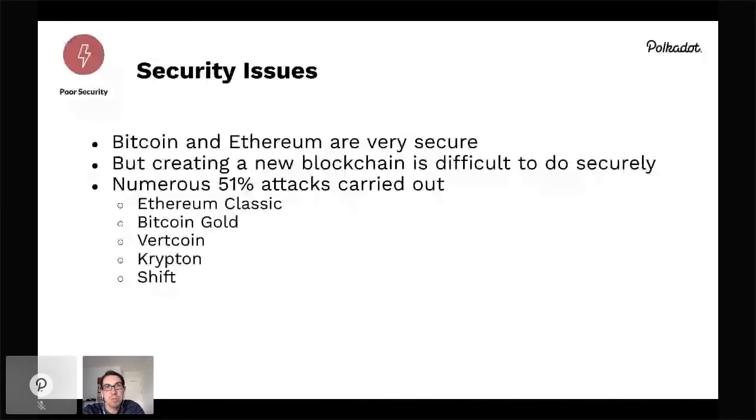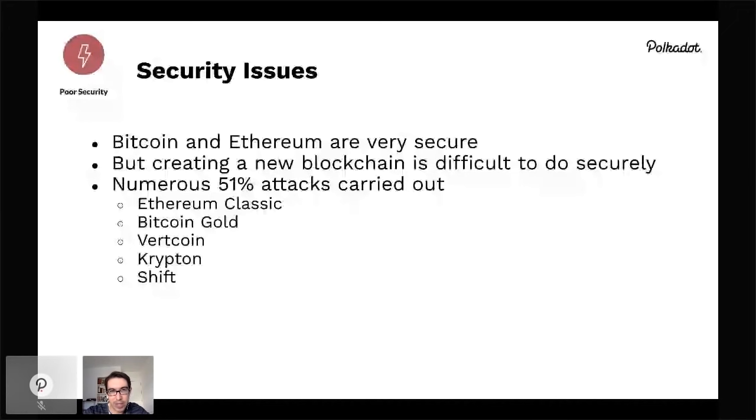And security issues. Bitcoin and Ethereum are very secure fundamentally, but if you want to create a new blockchain, it's very difficult to do in a secure way. And in fact, we've seen a lot of different attacks carried out. There's a famous kind of attack called a 51% attack that allows you, again, I'm speaking simply here, to send money to someone and then take that back, right?